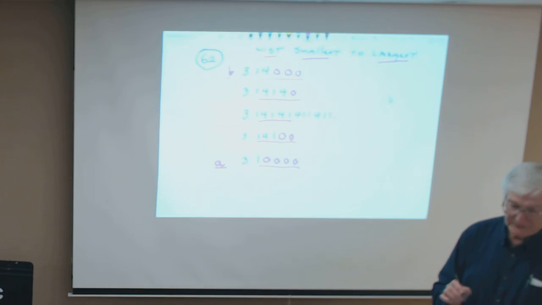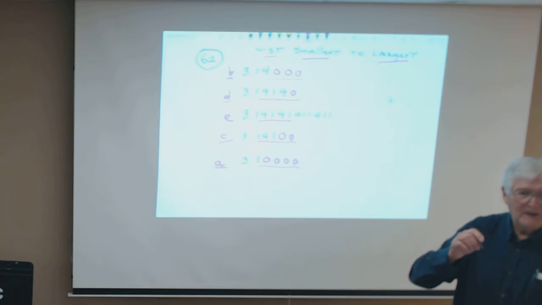Everybody see that? That's the next one. Then what's the next one after 14000? 14100? And then what's the next one? 14140 or 14141? That, and then E, that's the largest.